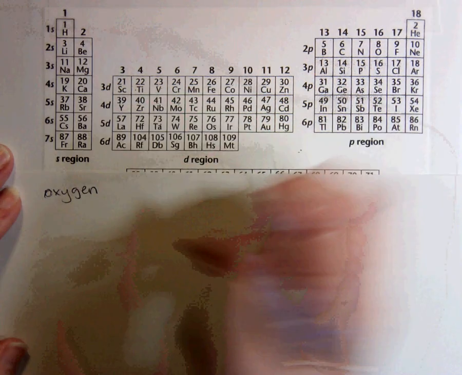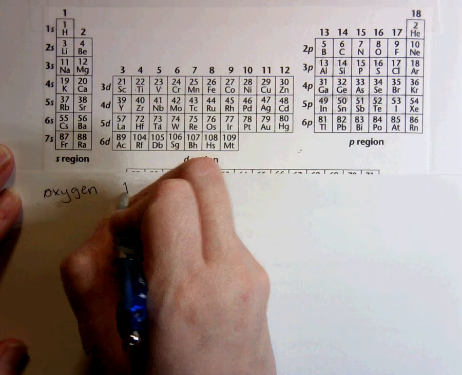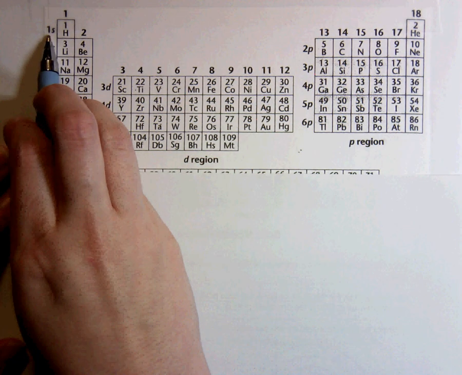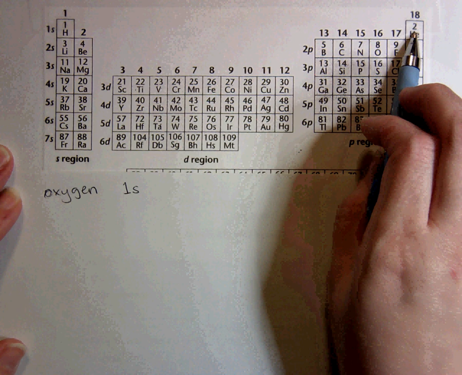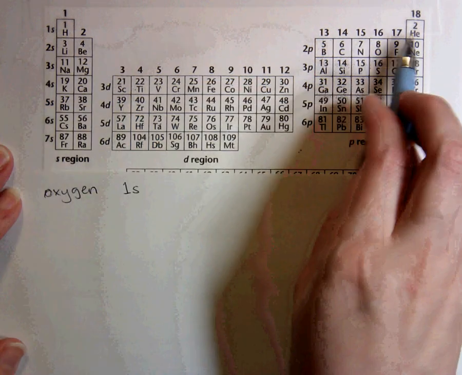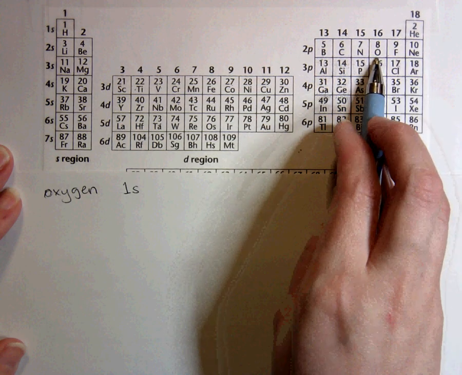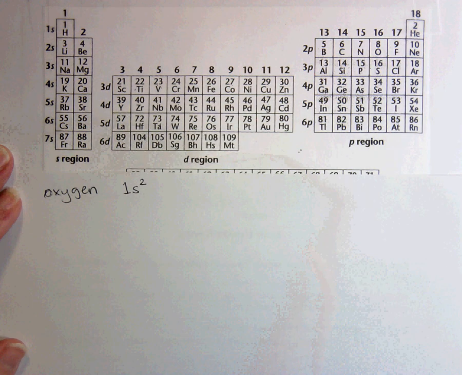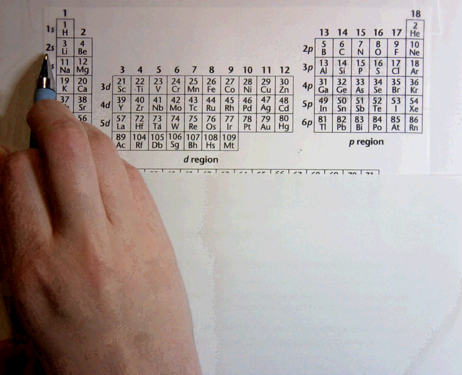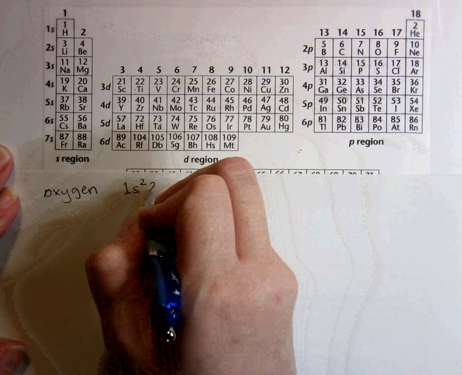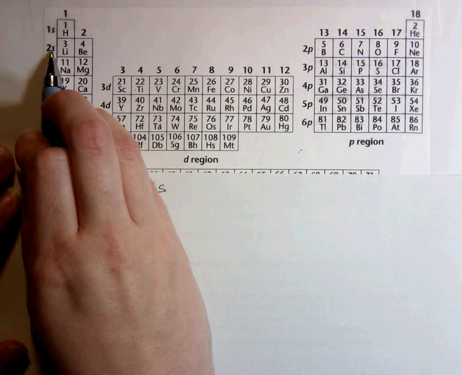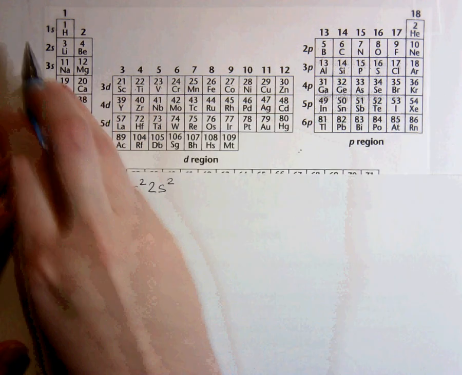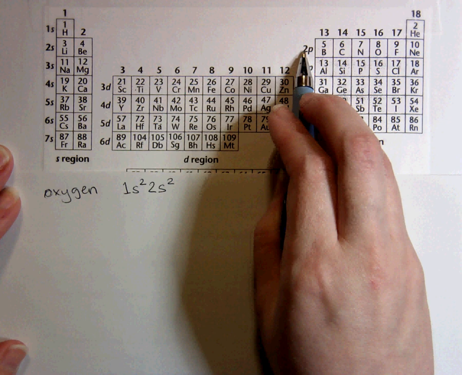I'm going to start with 1s, the first electron level, and it can hold up to 2. And it will have both of those filled because I need to get all the way up to 8, and this will fill up first. So 1s2. The next energy level I see is 2s, and it will also hold 2. So I put a 2 up here. I keep going across. The next thing I see is 2p.